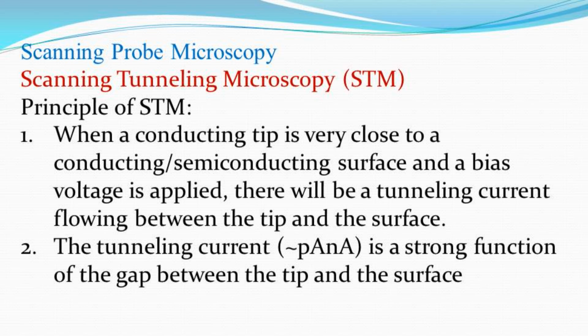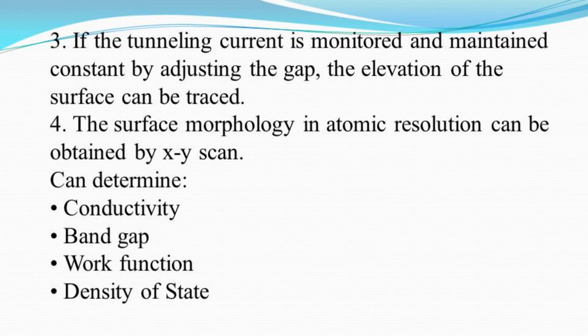The tunneling current is a strong function of the gap between the tip and the surface. If the tunneling current is monitored and maintained constant by adjusting the gap, the elevation of the surface can be traced.